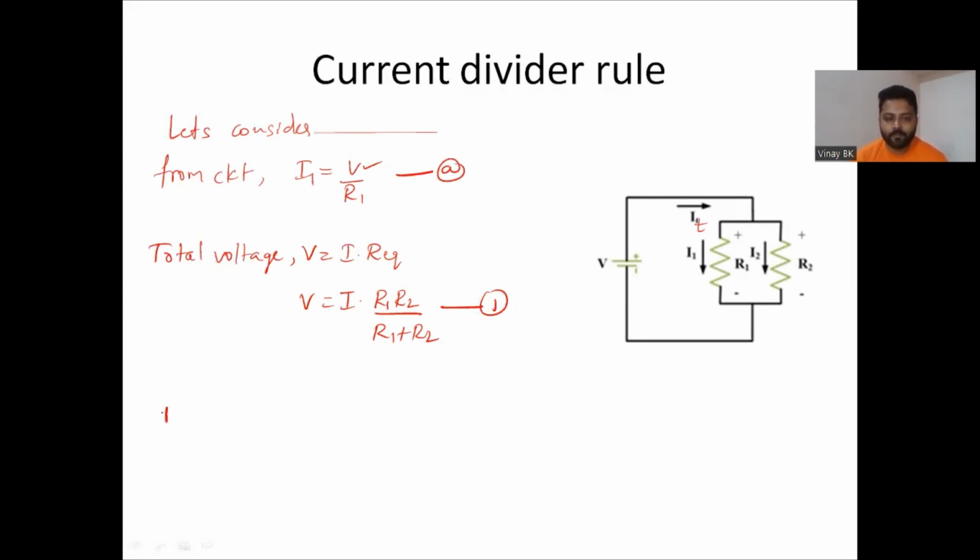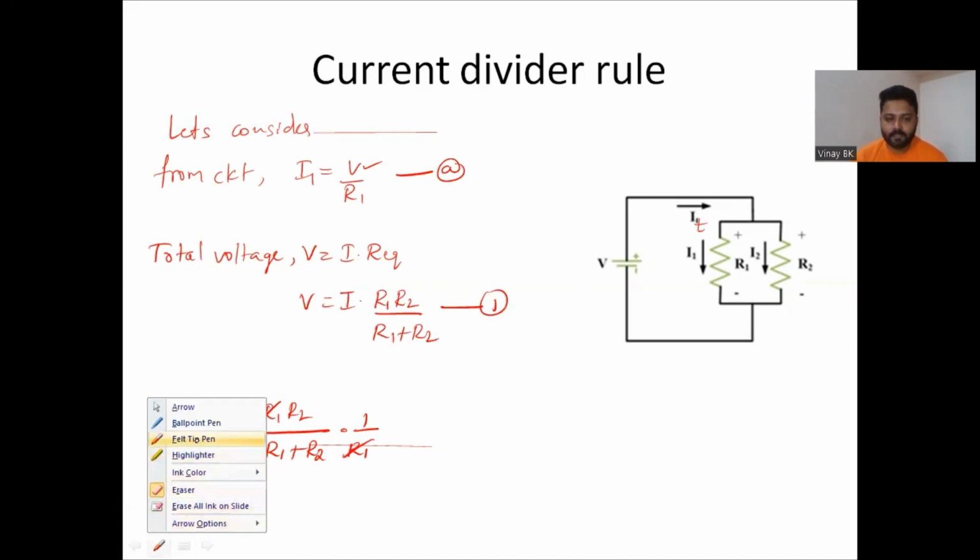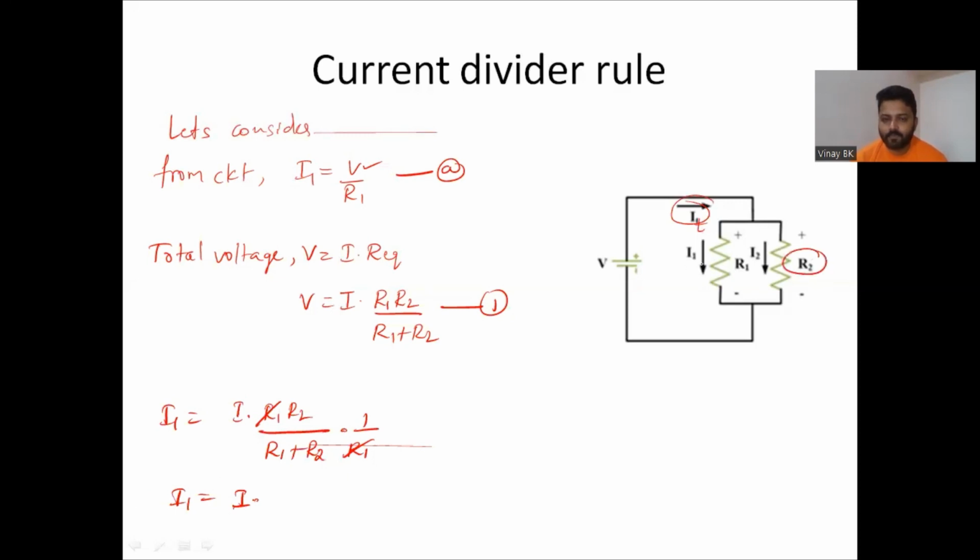So I1 equals, V is nothing but I into R1 R2 divided by R1 plus R2, into 1 by R1. So R1 and R1 get cancelled. You can get I1 equals total current I into the opposite resistance, R2, divided by the total resistance R1 plus R2.